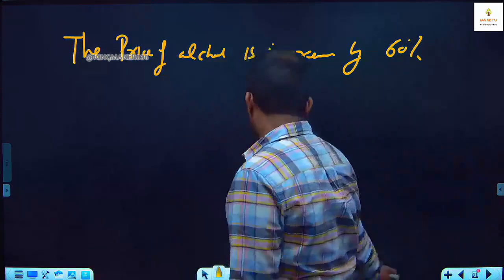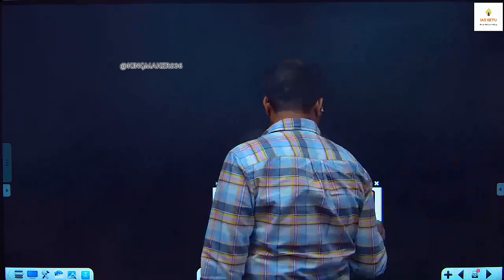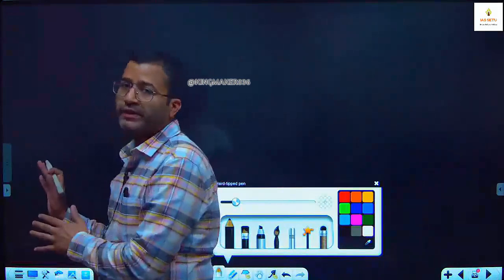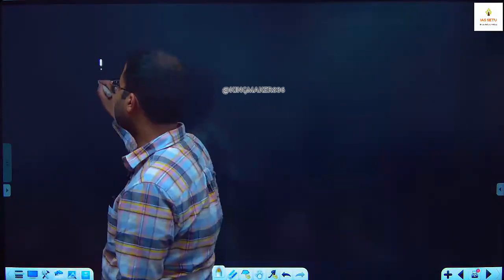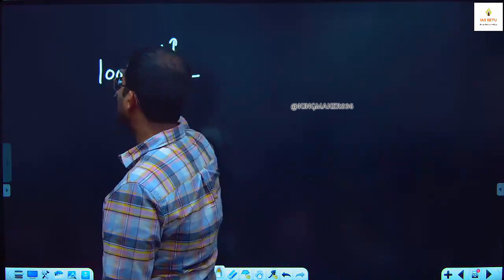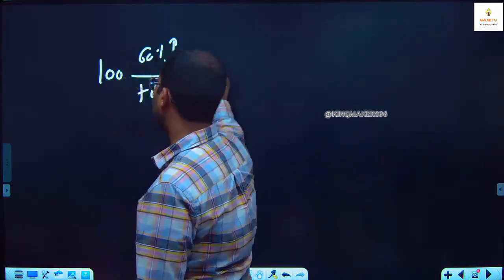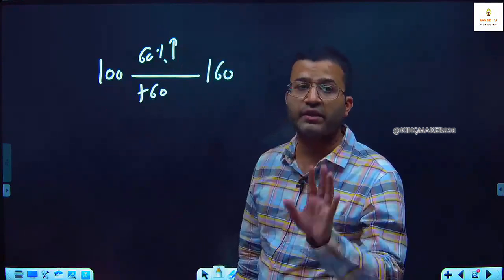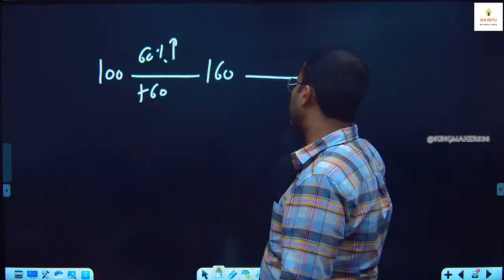I will go step by step. अगर नहीं निकल पाया आंसर, any other value asked, follow PCC. First rule in PCC, start with 100, 60% increase. What is 60 of 100? 60. It becomes 160. And I told you in type 1, start with 100 and end with 100.